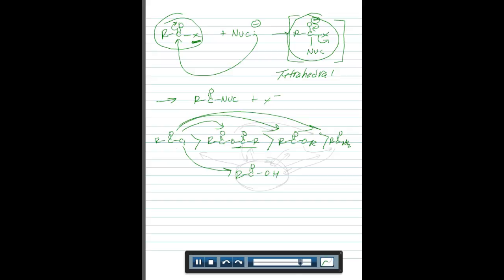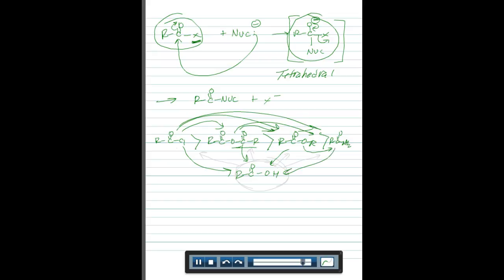The anhydride can make the ester, the amide, and the carboxylic acid. It cannot make the acid chloride. Okay, so whatever is underneath it, it can make. Whatever's above it, it cannot make. So the ester can make the amide or the carboxylic acid. And basically the amide can make the carboxylic acid.